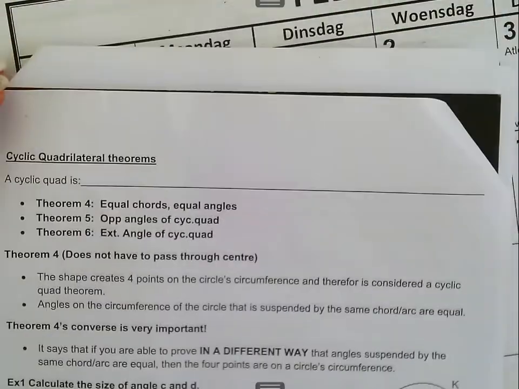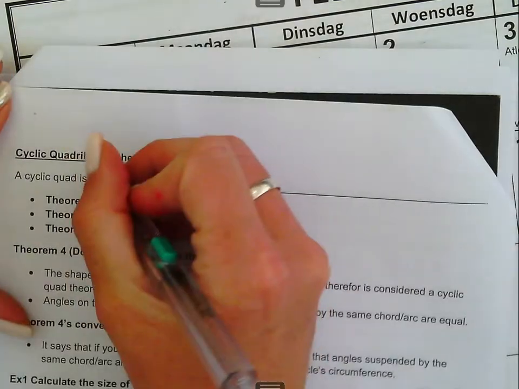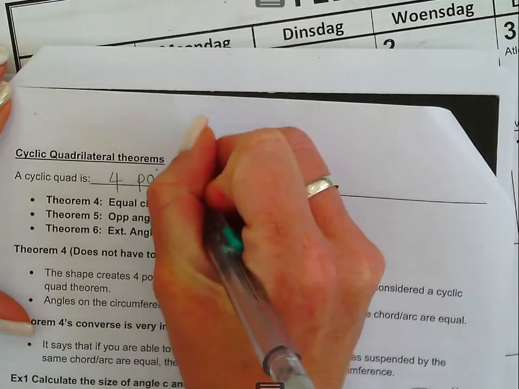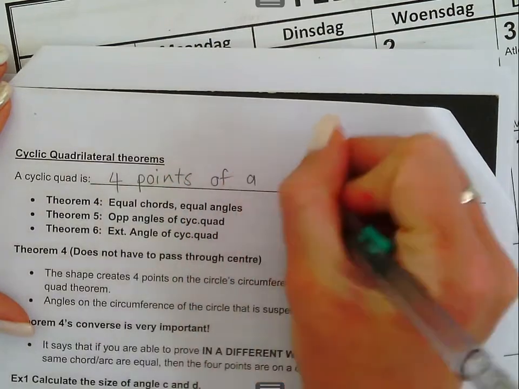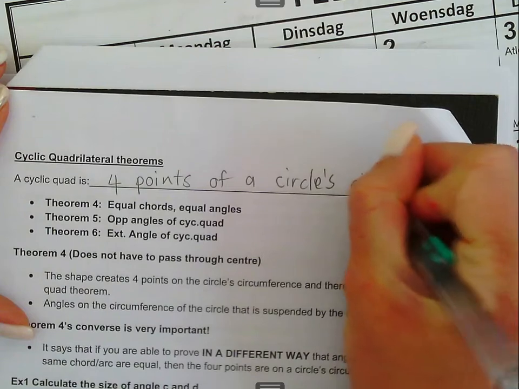A cyclic quad is what? Let's get to these pages. Open there. A cyclic quad is 4 points on a circle's circumference.